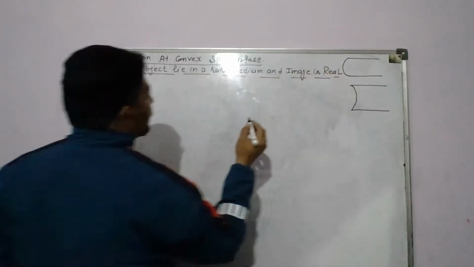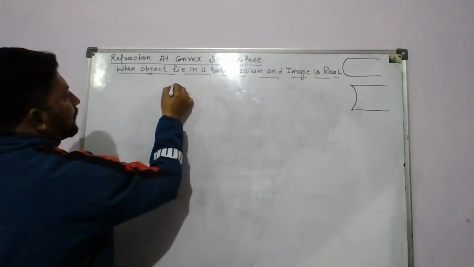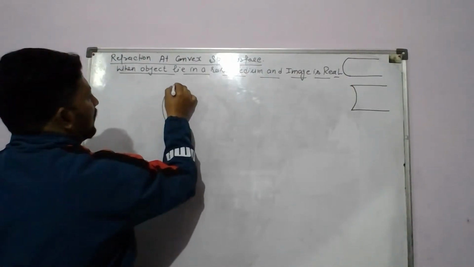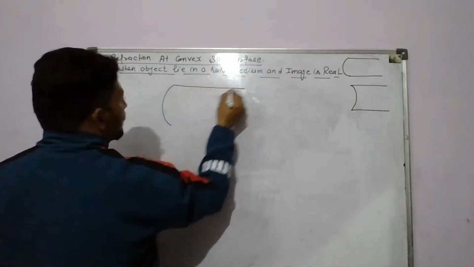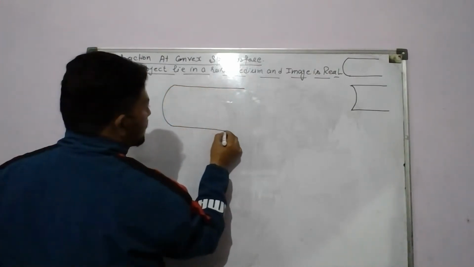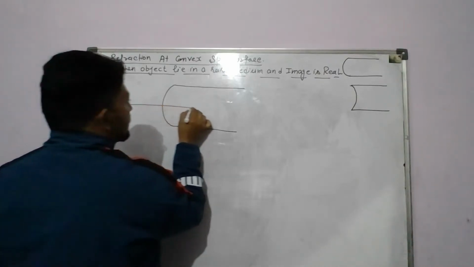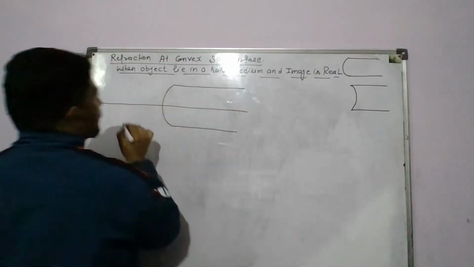So first of all, you can draw the diagram. It's a convex spherical surface. This line is the principal axis.